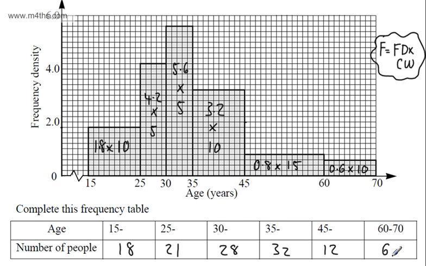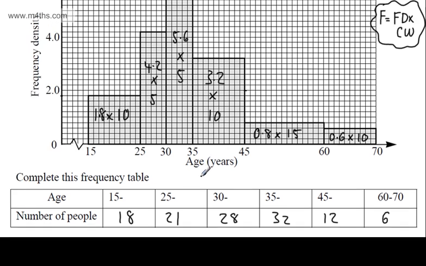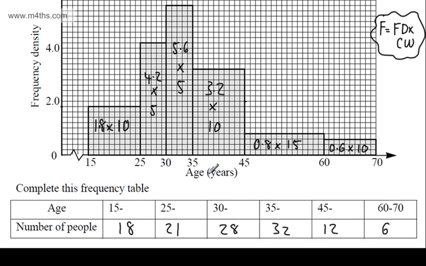That's going to give us 6. So that's our frequency table completed. Again, if we were asked to state the number of people that were 45 or more, we would add these two.